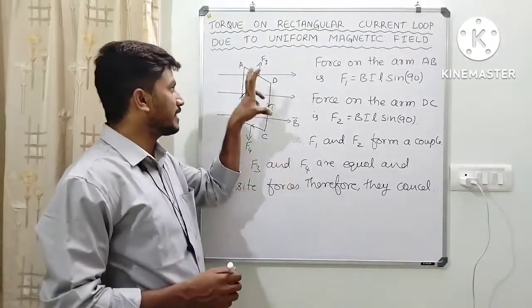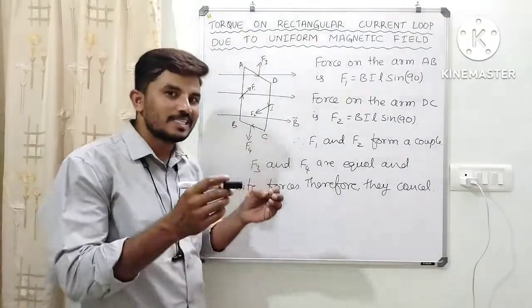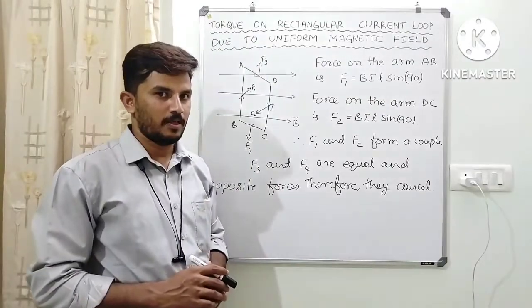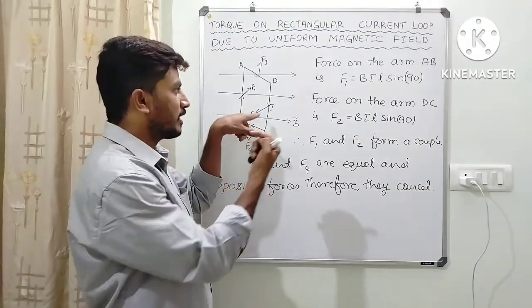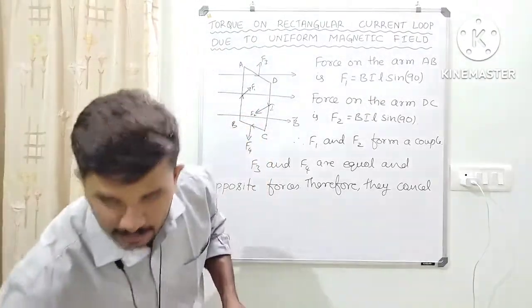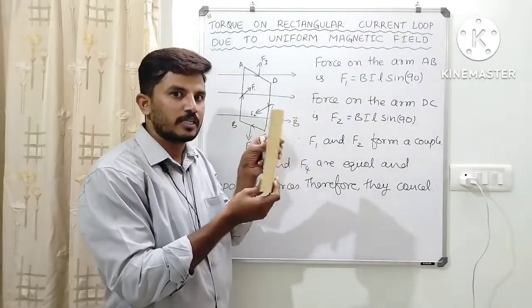The net force acting on the loop due to F3 and F4 will be 0. Now we have to consider only F1 and F2, so that the rectangular current loop rotates.